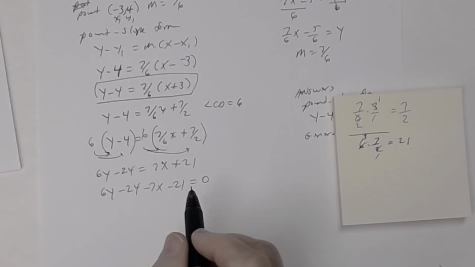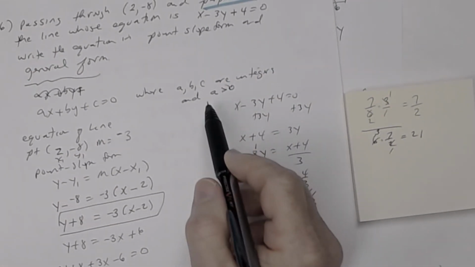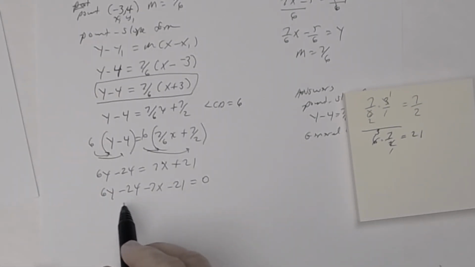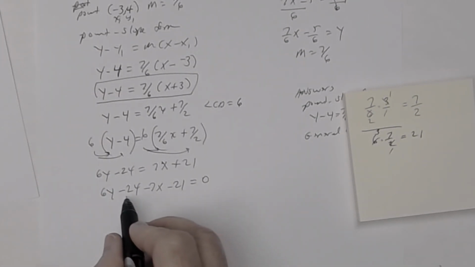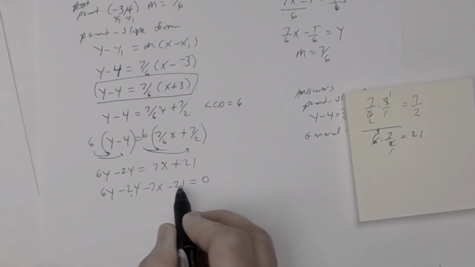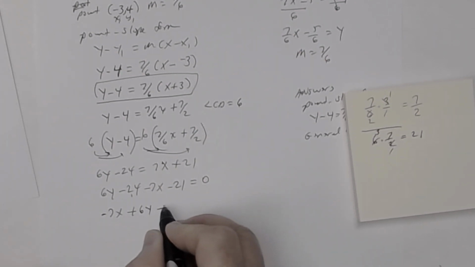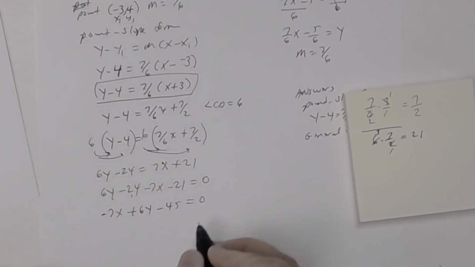Also remember a couple other things. The coefficient of x must be positive. First, let's combine like terms. A negative 24 and a negative 21 is a negative 45. So I get negative 7x plus 6y minus 45 equals 0.